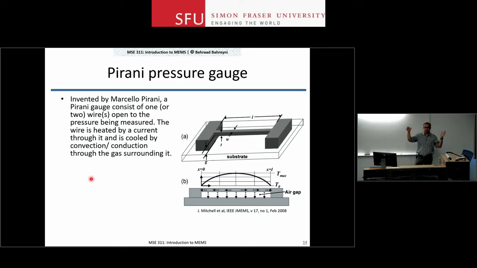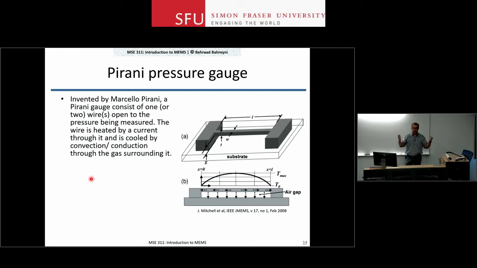And after a while, things become stable, right? So you basically raise the temperature somehow, then you lose some of that heat, and you reach an equilibrium at some point afterwards. Now, if the pressure in the environment changes, and in this case let's focus on conduction, your conduction will drop. The gas conduction will become less if the pressure is reduced, for example, right?